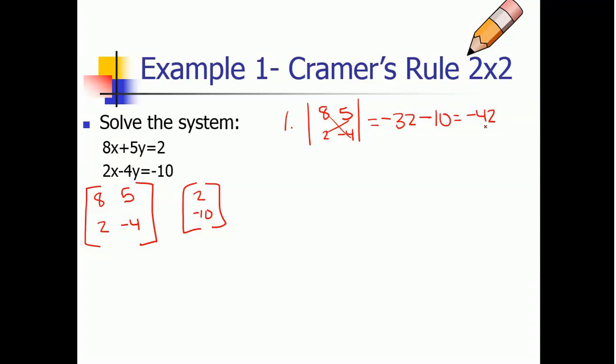Now what I can do is use that to find my x and my y. So for number 2, my second step, we needed to find x. We're going to replace the first column, basically the one with the x's in front, with our answer matrix. So instead of an 8 and a 2, I'm going to put a 2 and a negative 10.